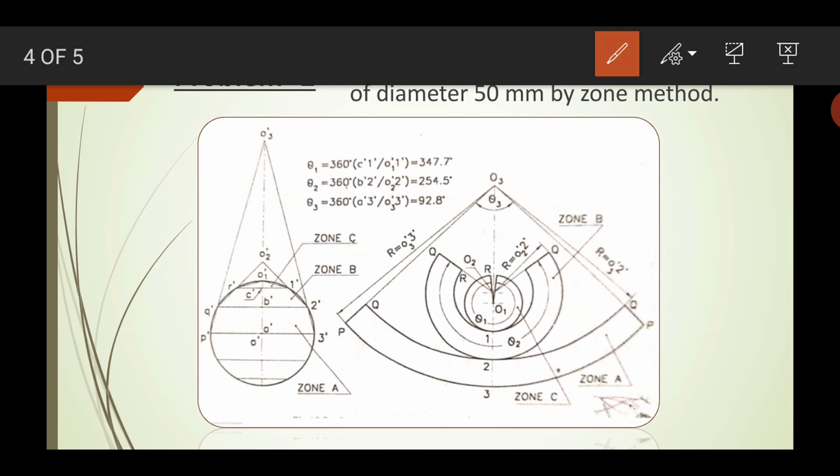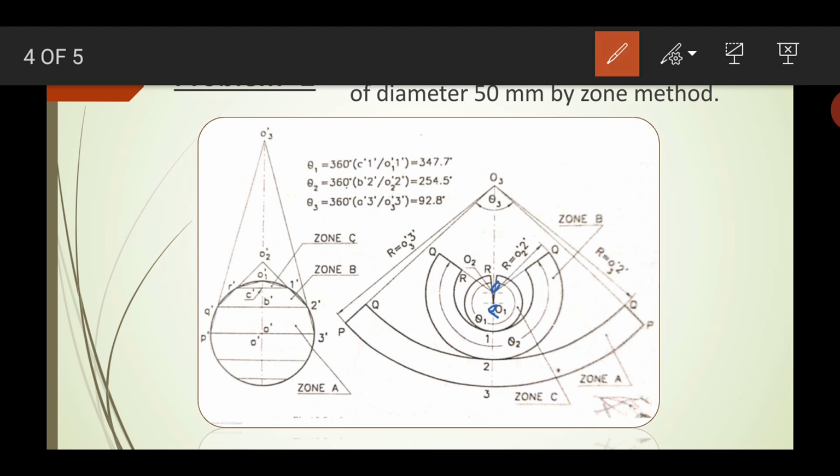Then you fix a point O1, and also mark an O2 point from here. You measure the distance to O2, O1 and O2.